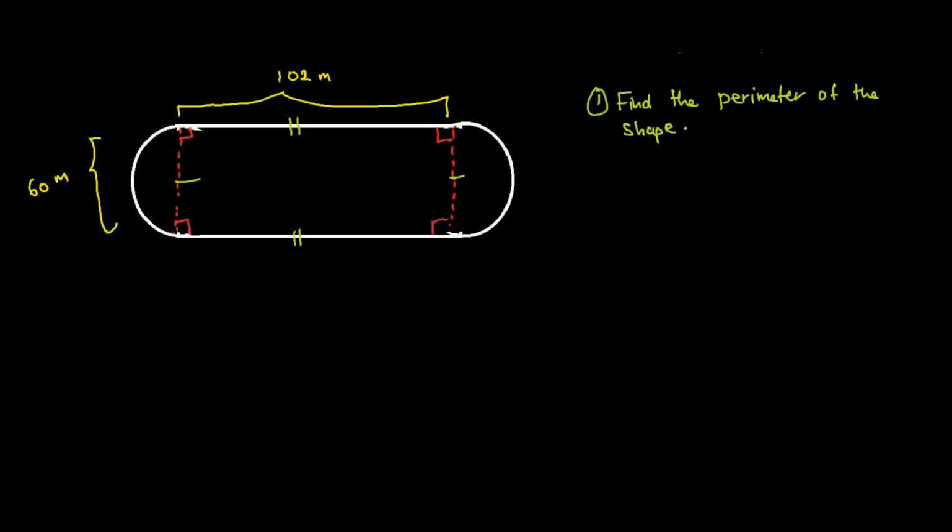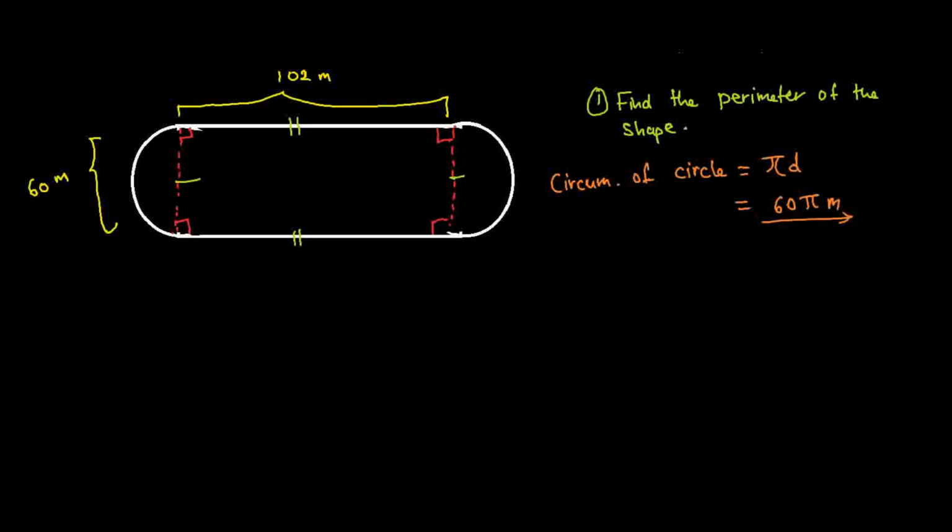Now, if I look at this question very carefully, I have a semicircle and I have another semicircle. If I join them together, it's going to give me one complete circle, right? So I'm going to say circumference of circle, right? Because remember, two semicircles give you one complete circle, and that is pi d, and the diameter of the full circle will be 60 meters, so it's going to be 60 pi meters.